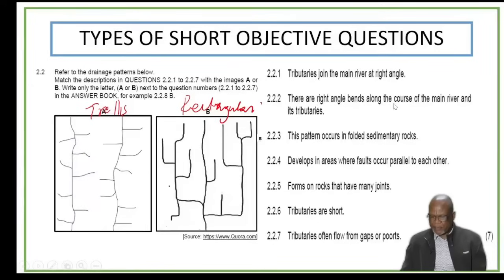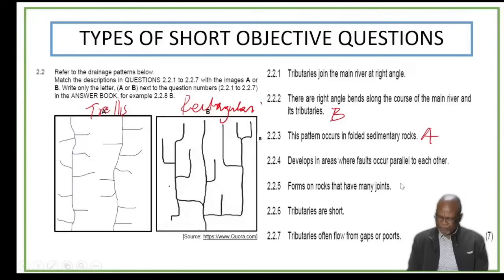There are right angle bends along the course of the main river. So this will refer to B. The pattern occurs in folded mountains. So this one will be A, which is trellis pattern. And then developed in areas where faults occur parallel to each other. So it will refer to the rectangular pattern. When you're looking at the underlying rock for a rectangular pattern, you say it is found in rocks that have faults or jointed igneous rocks.